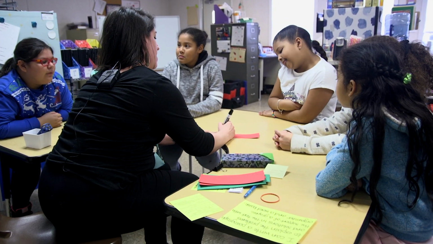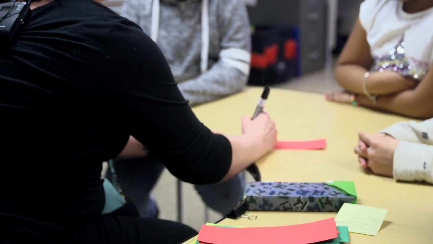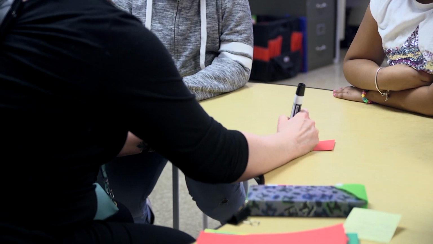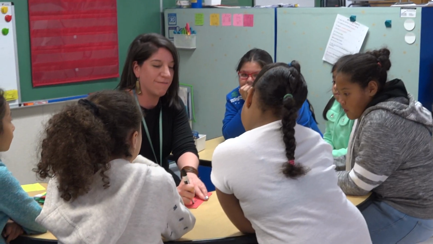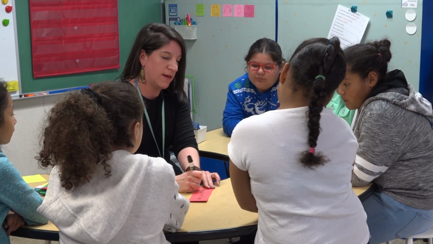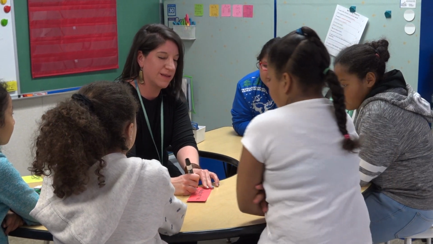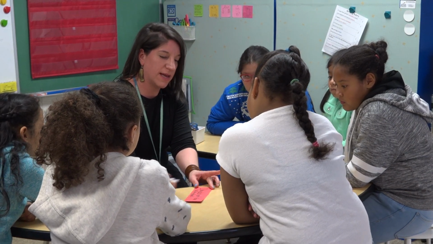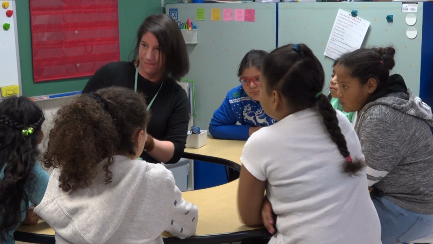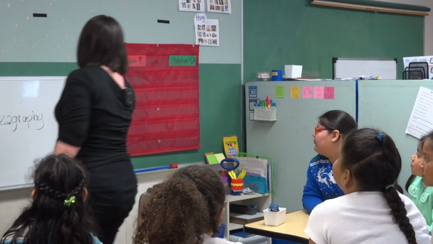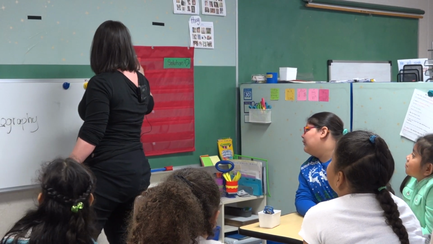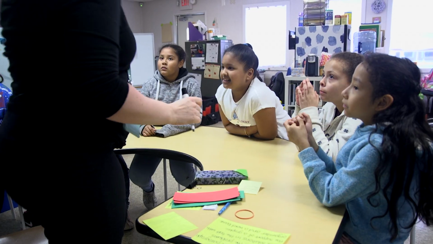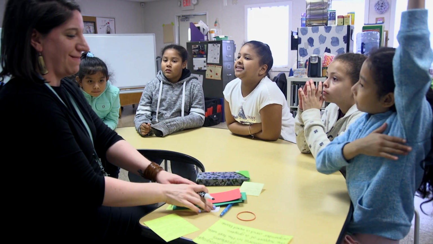So I'm going to say they did not have healthy food. I like that word, healthy. And a capital letter at the beginning and a period at the end. Do you remember why? Because a capital letter always has to be in the beginning of a sentence and a period at the end. Excellent.